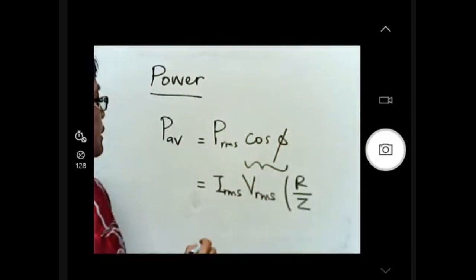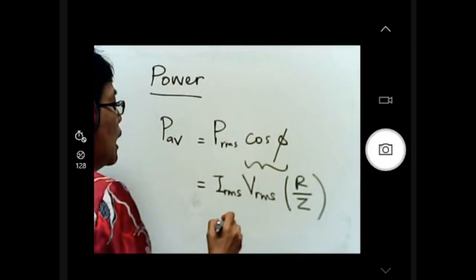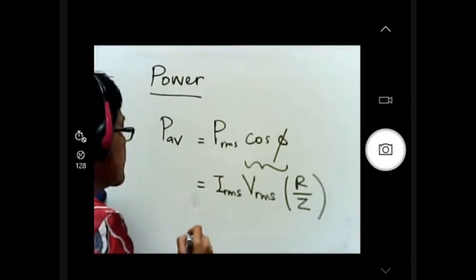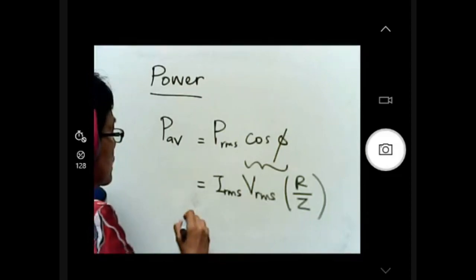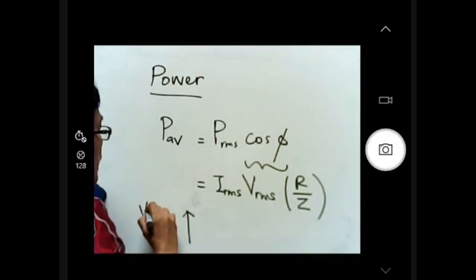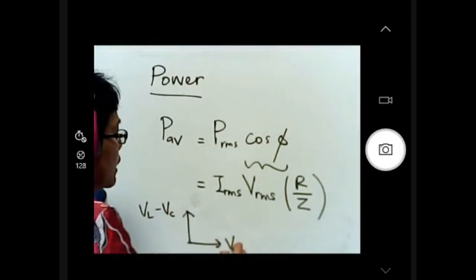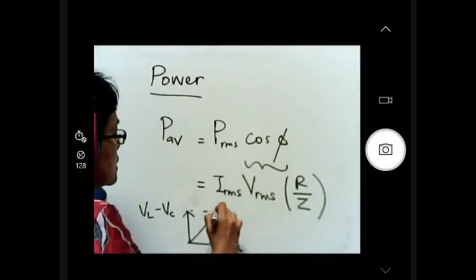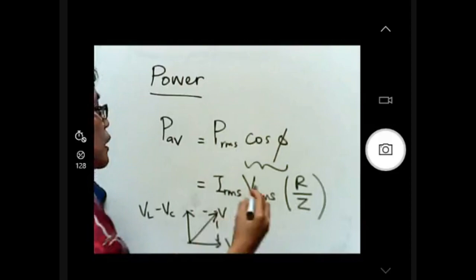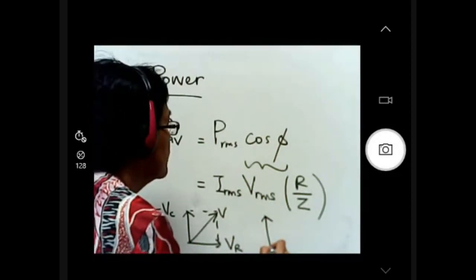If I have the RCL circuit, that means you have your VL minus VC here, and then your VR is here. So your source voltage is here. I also can do a phasor diagram using reactance.